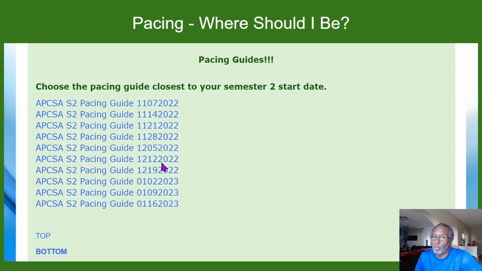You can also use the hours per week. Each one of these comes with an approximate number of hours per week. You can pick one based on your commitment for each week. So, 2 ways that you can choose your pacing guide. They all end on the same date. Very important.